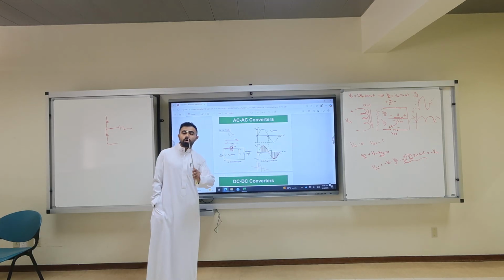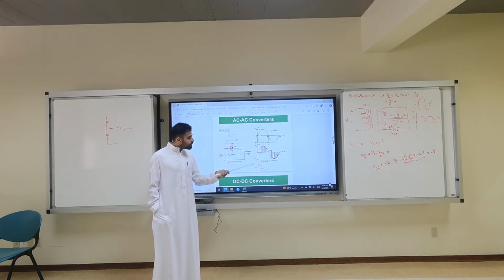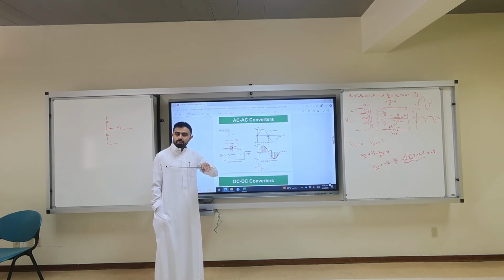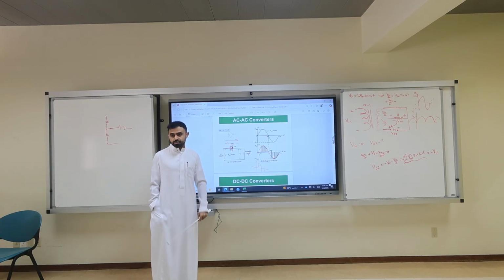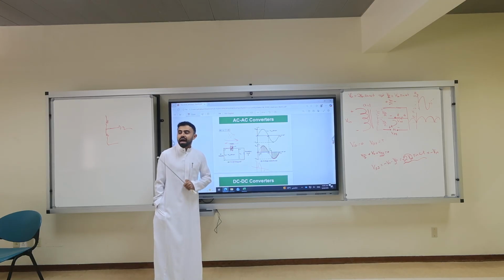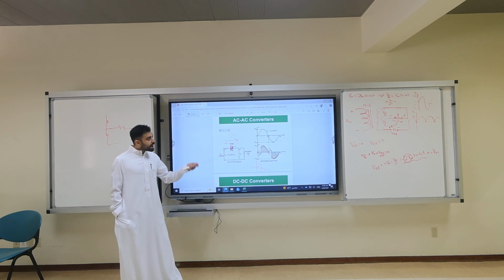And you can control when it will conduct. The idea is that you can make the power density smaller or larger by having this firing angle alpha. Alpha is what? The firing angle. Is the triac clear? Yes.